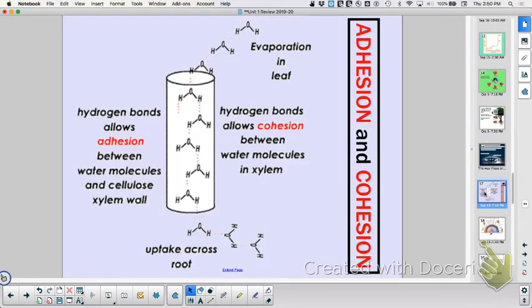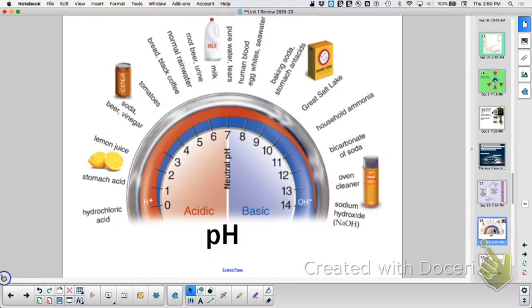So definitely review water. Next, pH. pH is a measure of the amount of what? Hydrogen ions. If it has a lot of hydrogen ions, the pH will be very low, because it's a negative log scale of that, right? Very low, and it will be referred to as an acid.